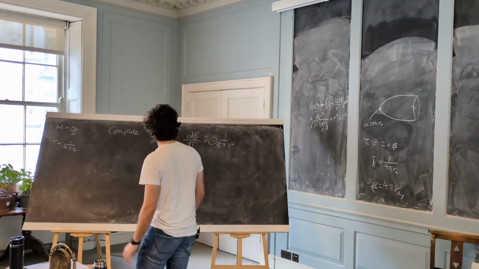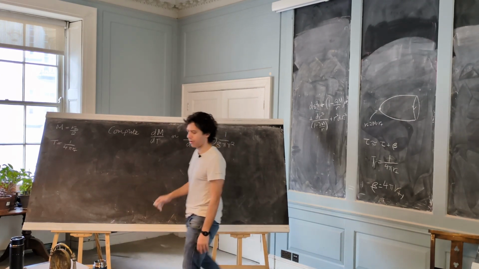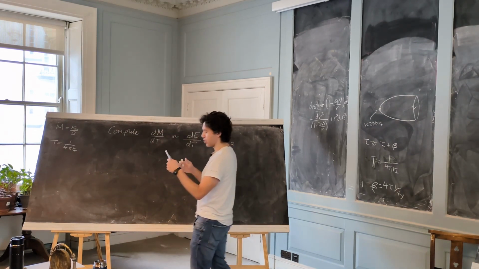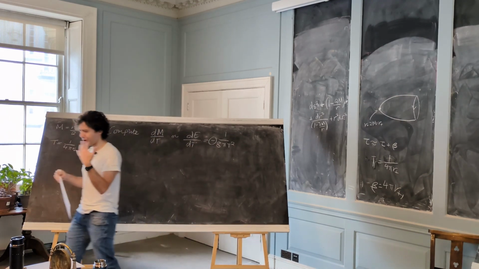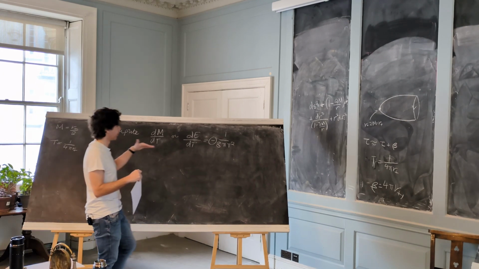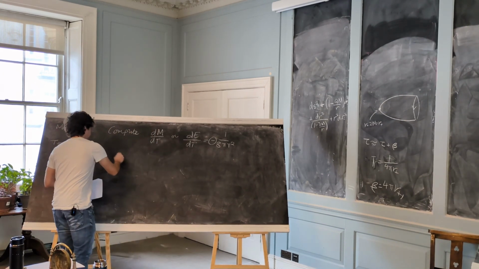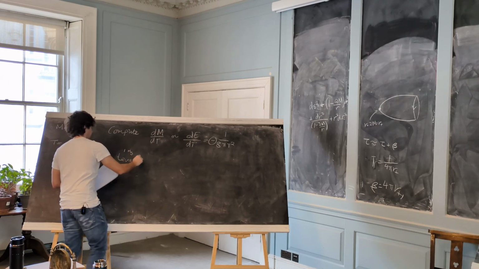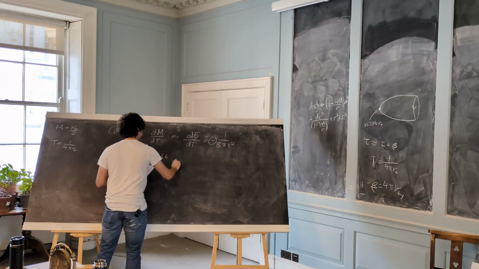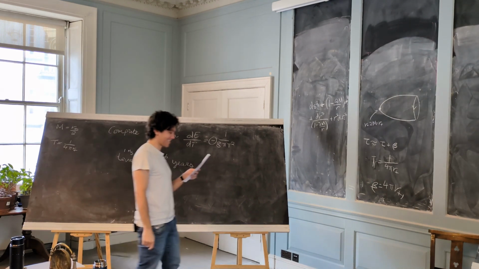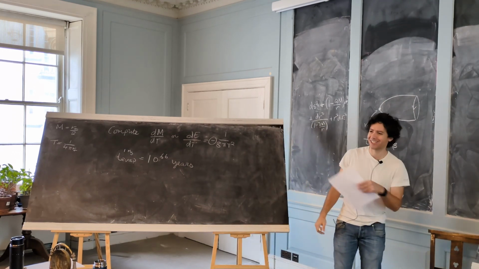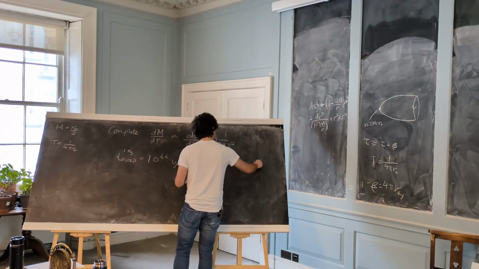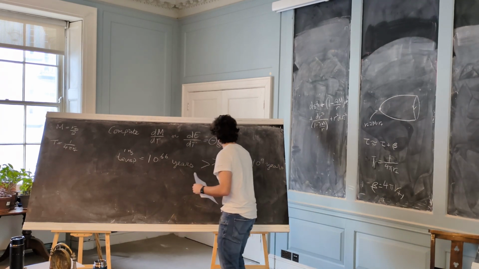Okay, so the goal now. Also, I'll mention another thing that should be a bit surprising: for a solar mass black hole, if you try to compute the evaporation time using some very crude approximations, you would get that the evaporation time for one solar mass is 10 to the 66 years. 10 to the 66 years is much, much larger than the age of our universe, which is 13.6 times 10 to the 9 years, so roughly 10 to the 10 years.